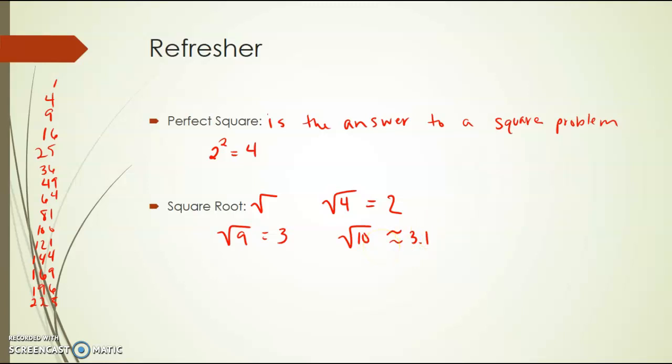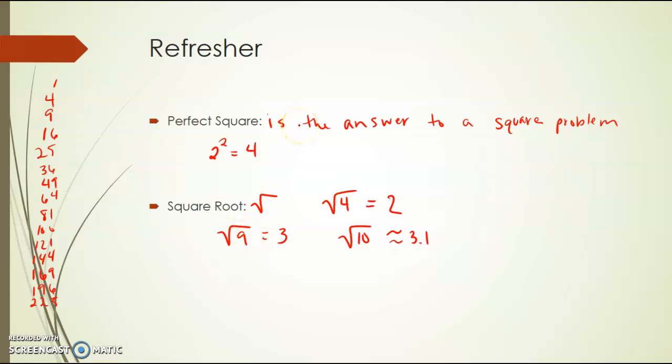Alright, so perfect squares, when we take a number times itself, whatever we get, that's its perfect square. Or the other way to think about that is if I were to take the square root of that number, then I get a whole number. That's what perfect squares are.